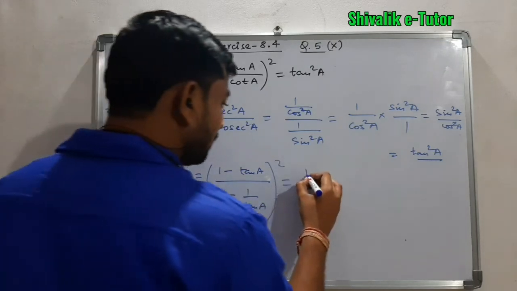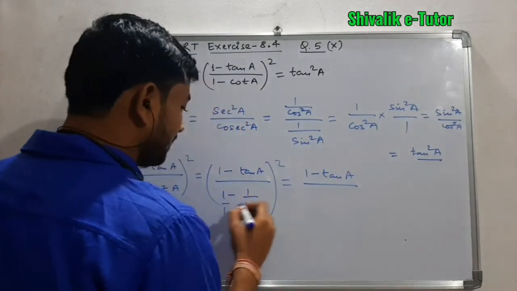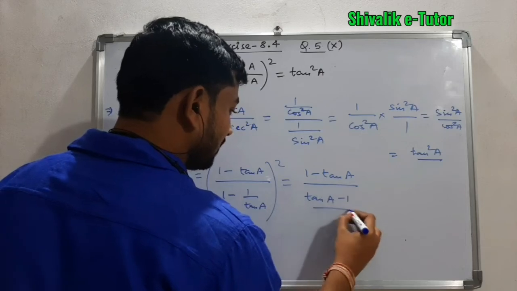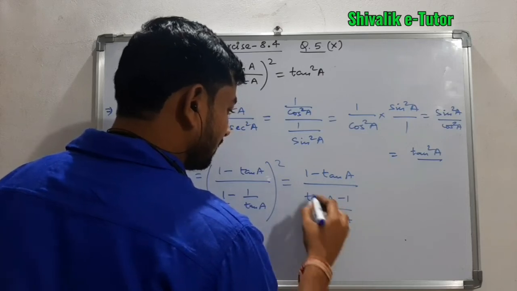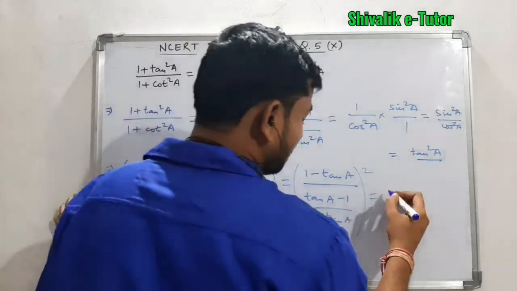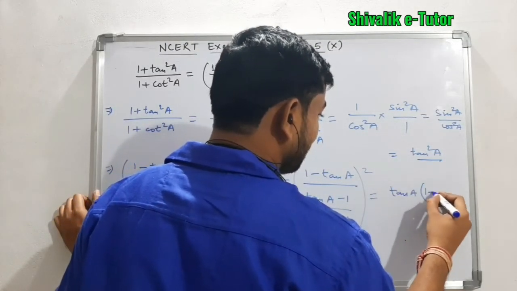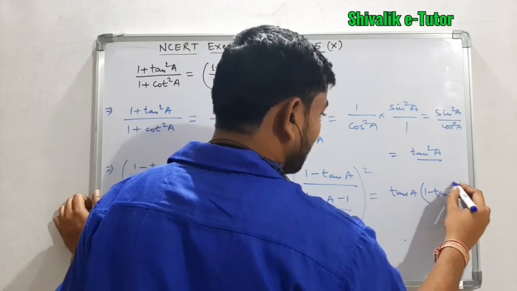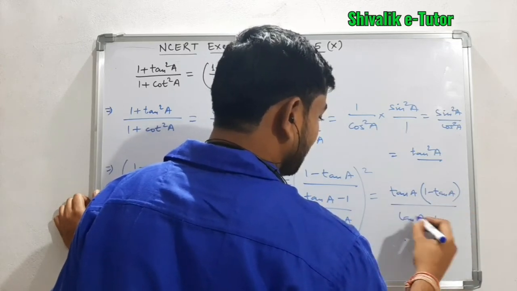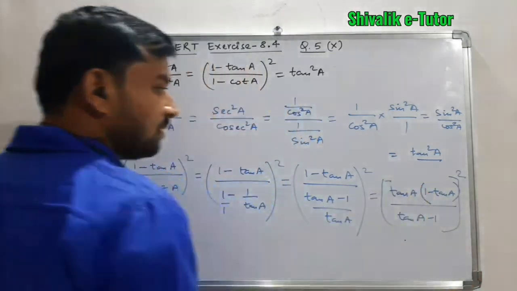This is now 1 minus tan A upon, if we take the LCM here, this will come tan A minus 1 upon tan A whole square. Now look at this result. What will we be getting? Tan A will come in numerator, tan A multiplied with 1 minus tan A, upon tan A minus 1, and the whole square of this whole expression.